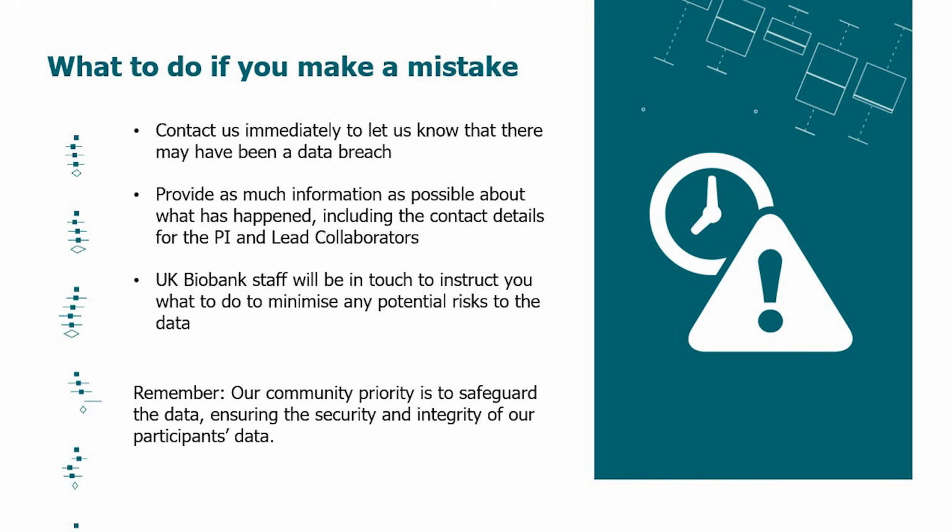The UK Biobank team will then respond as soon as possible with instructions on what to do next to resolve this issue. Telling us as soon as the mistake happens enables us to work together to minimize any potential data security risks and maintain the highest level of data safeguarding we can.